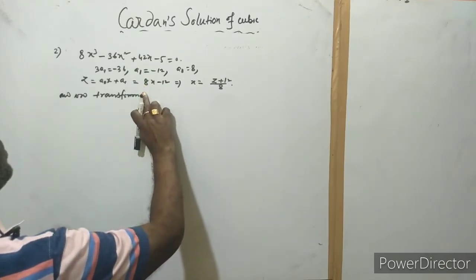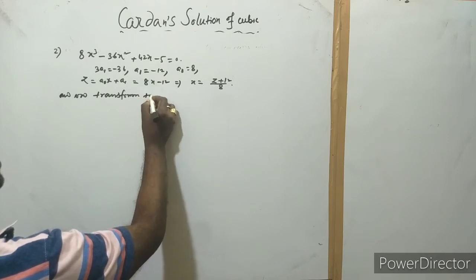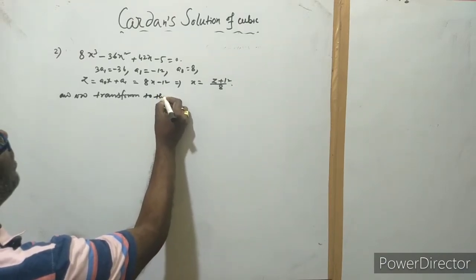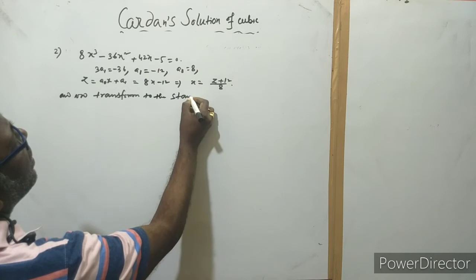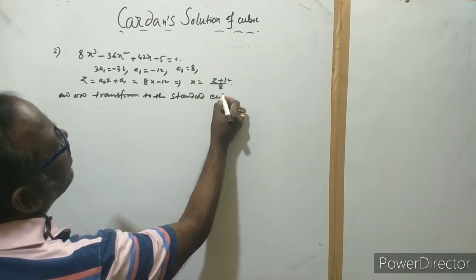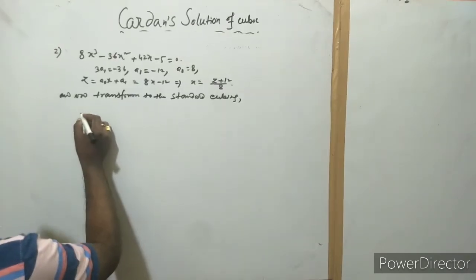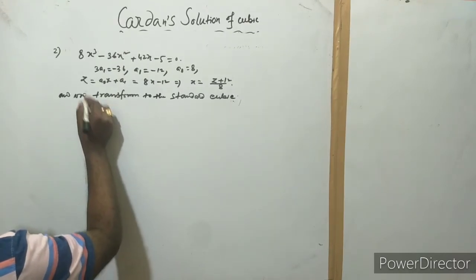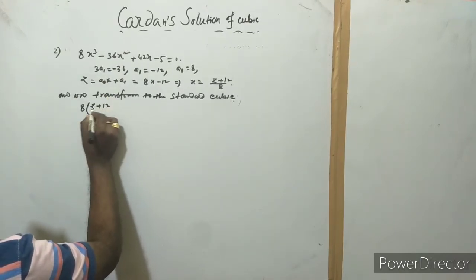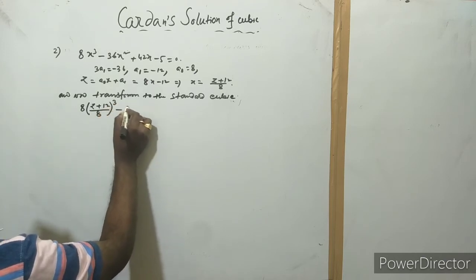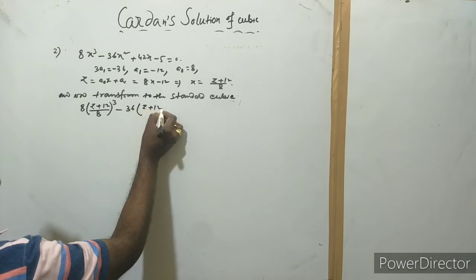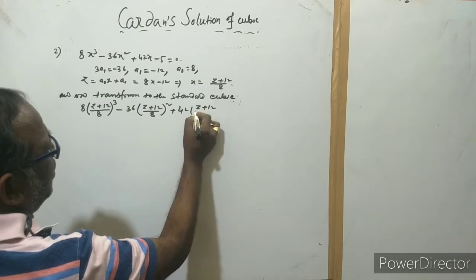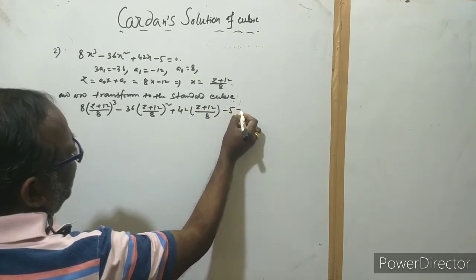Transform to the standard cubic. That is 8 into z plus 12 by 8 whole cube, minus 36 z plus 12 by 8 whole square, plus 42 z plus 12 by 8 minus 5.